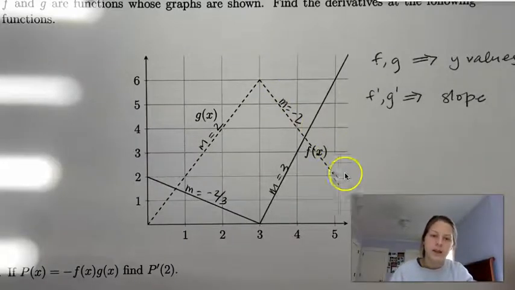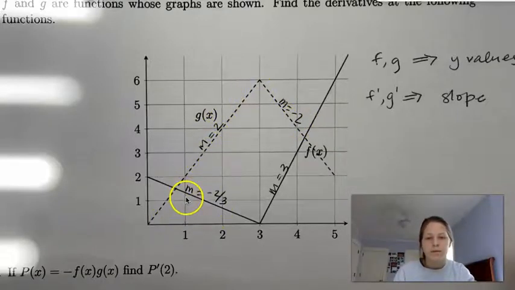The slope of this line segment, m equals -2, m equals 2 here for this one. The slope is -2/3 for this segment. And then for this segment, the slope is 3. And this will help us later on when we need to find f prime and g prime values, just to have the slopes already figured out.